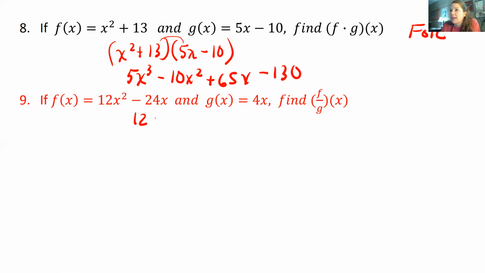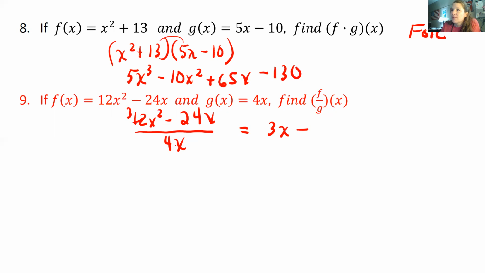All right, so we have f divided by g. So once again, everything on the top is divisible by 4x. That's the only way our denominator is going to go away. So 12 divided by 4 is 3. And x squared divided by x is x.